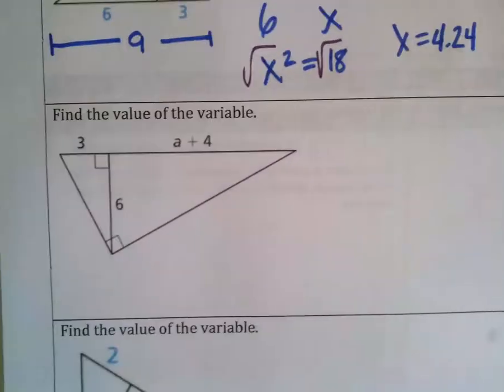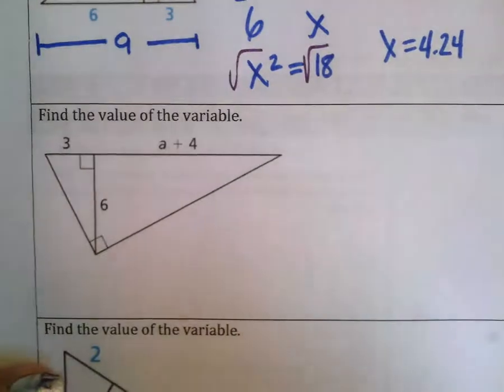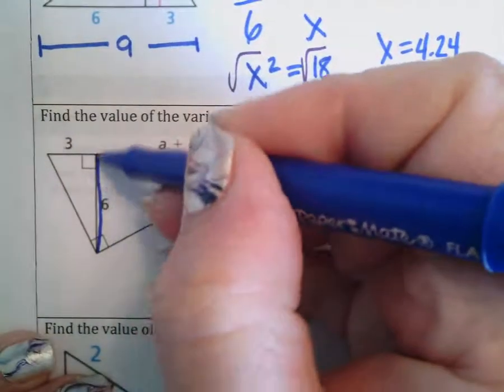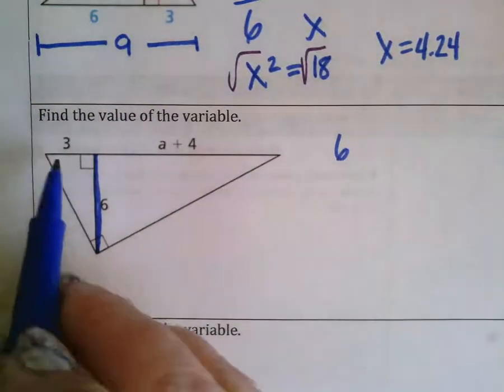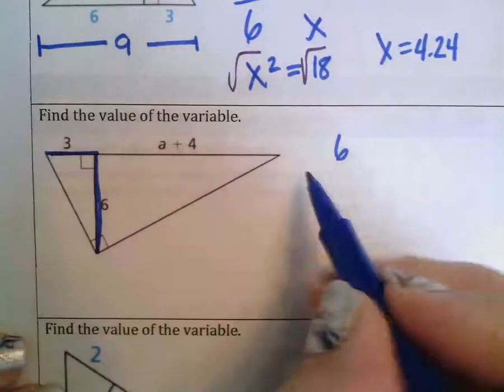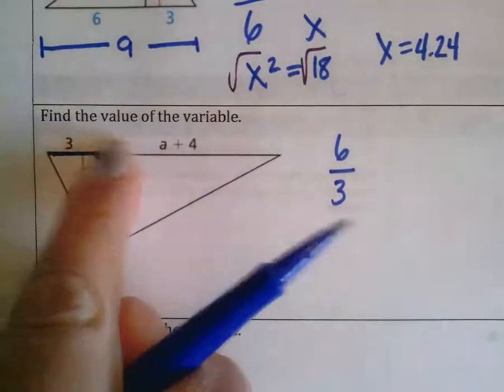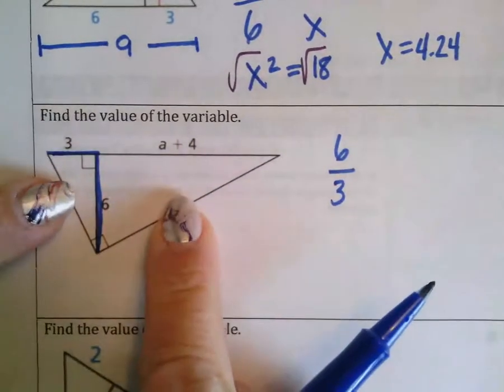Okay, 2 more, and then we'll call this video done. Find the value of the variable. So if I'm looking at this, I got this short side here, 6, over the short side here, 3. The short side of this triangle versus the short side of this triangle. So I'm talking about 2 different triangles, not the same one.